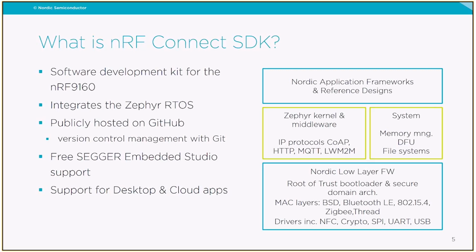Here in the figure on the right-hand side, you can see some blue rectangles and some green rectangles. The green rectangles signify open source modules. So you can see the Zephyr kernel and middleware, including the IP protocols that are supported by Zephyr, in addition to memory management, DFU via the MCUboot bootloader.